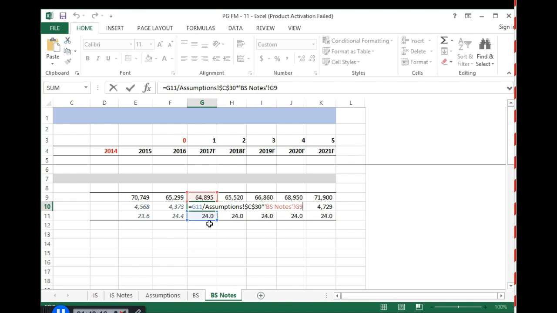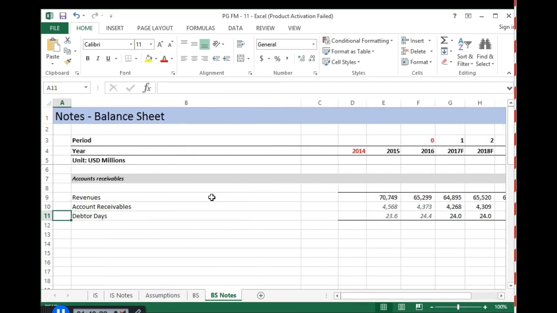So I take the number of days divided by 365 and then multiply it by sales. It gives me the account receivables for the future. Any confusion so far? You can simply forecast account receivable based on the days assumption. Now if you change this days assumption, then your overall forecast will change.